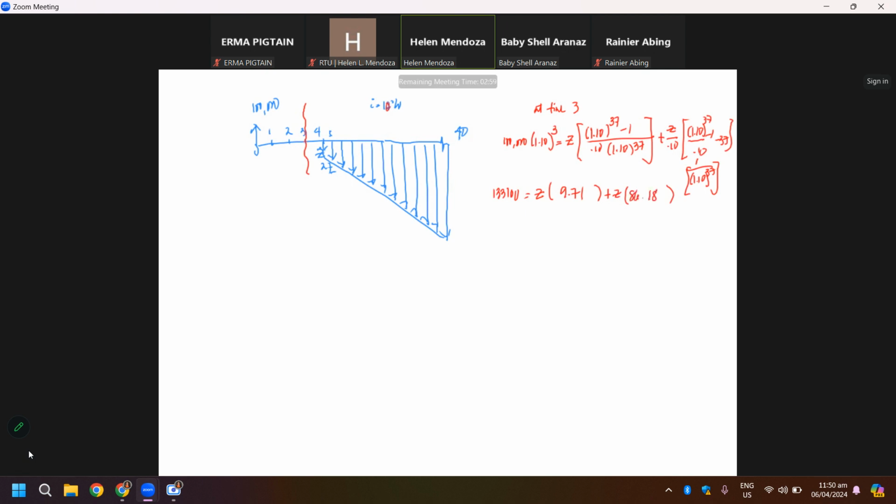Huwag mag-alala. So, 133,100, tama na ba?